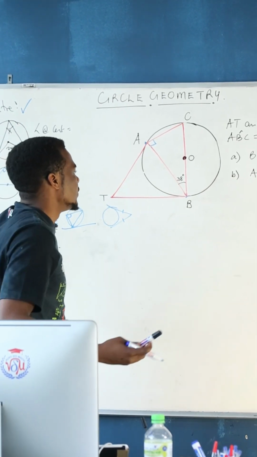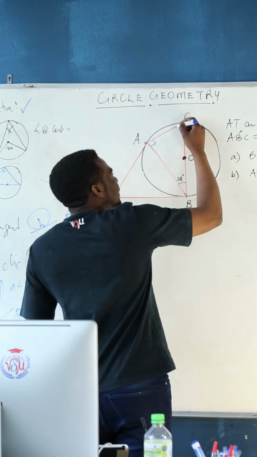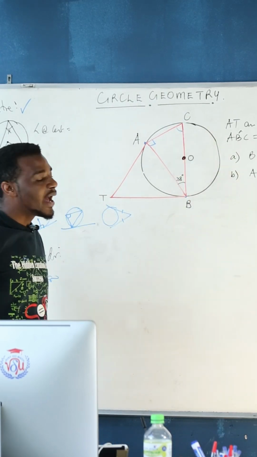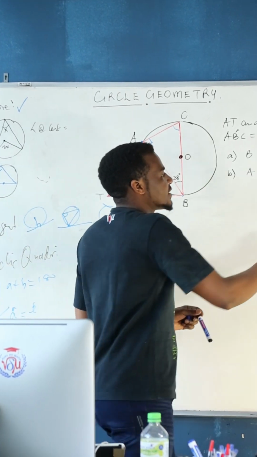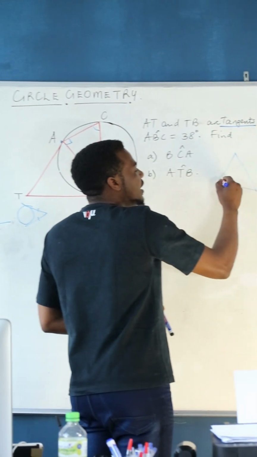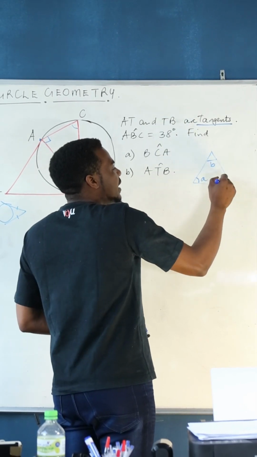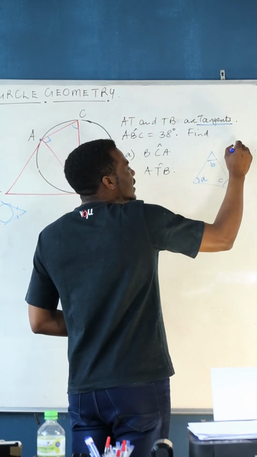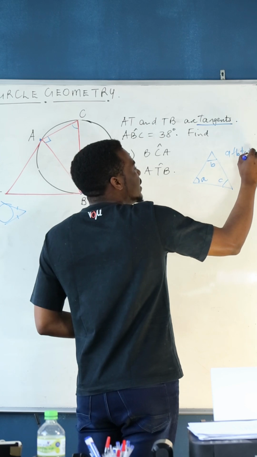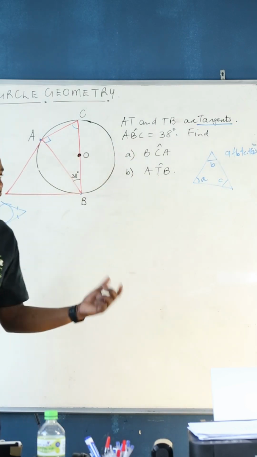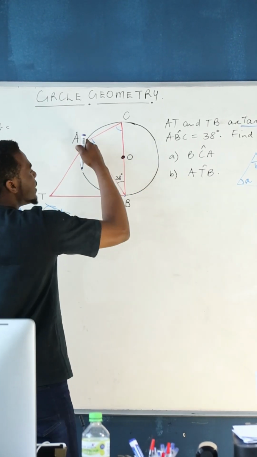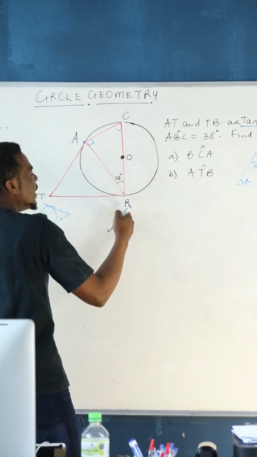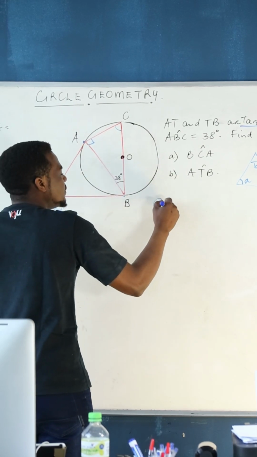Okay, so what do we have to do next? Straight away, we can calculate this angle. Why? Because we know that angles in a triangle add up to 180. If you take angle A and add angle B and add angle C, you get 180 degrees. So in this case, let's say we want to calculate angle ACB or angle BCA.